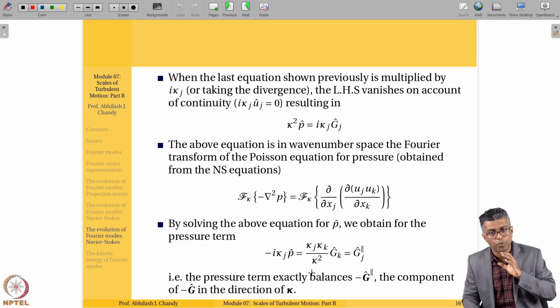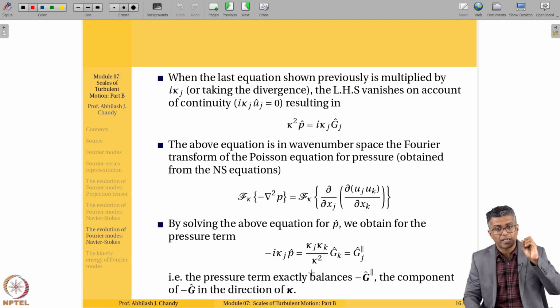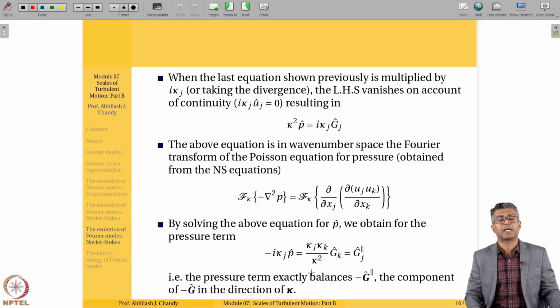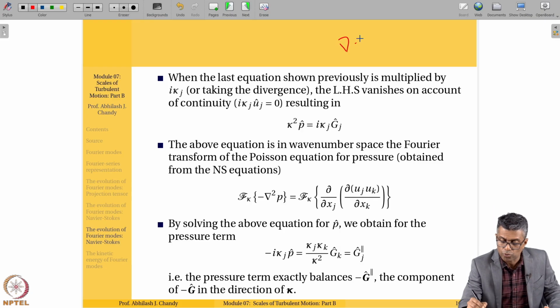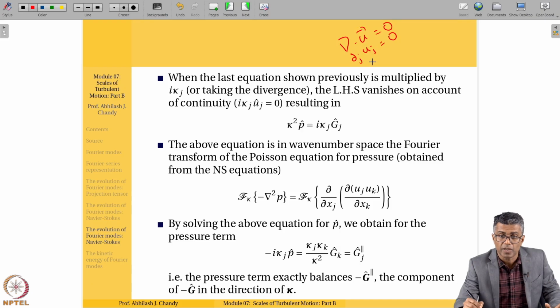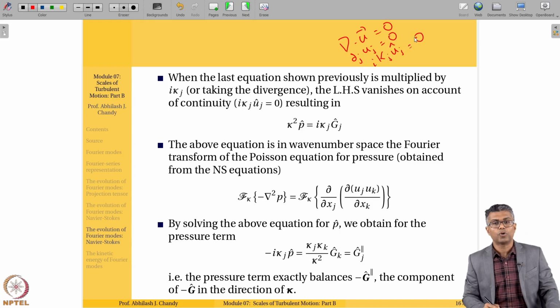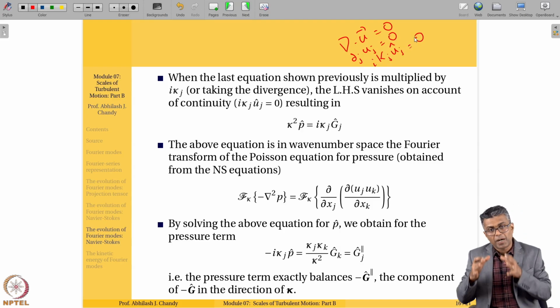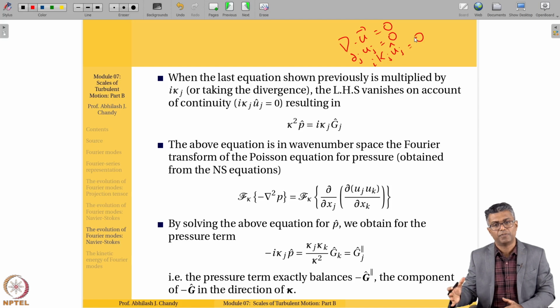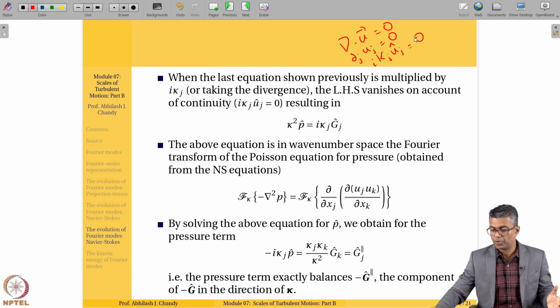So here I'm doing the same thing. Instead of taking a divergence, since it is in Fourier space, I multiply by i kappa j, because that's what a divergence does. Del dot u in physical space is del j uj equal to 0, which in Fourier space is i kappa j uj hat, of course. So the multiplication by i kappa j basically takes the divergence, and that's essentially what I'll do.